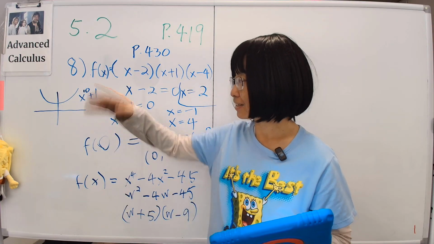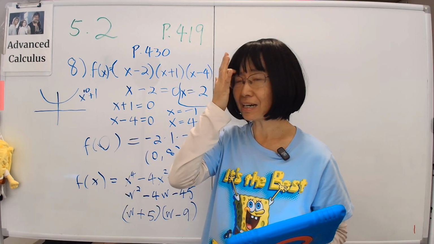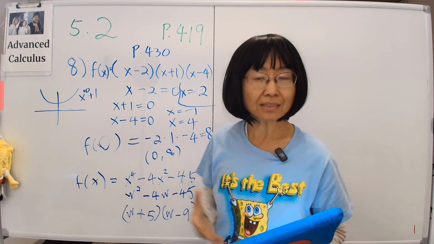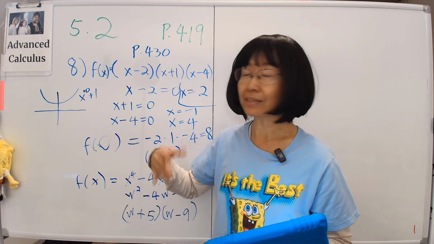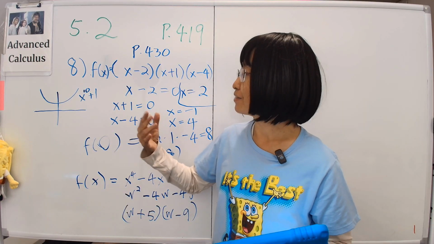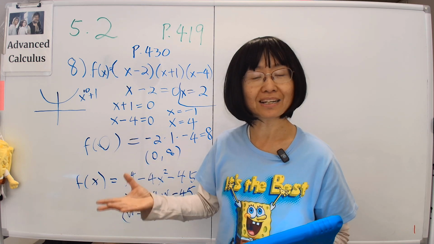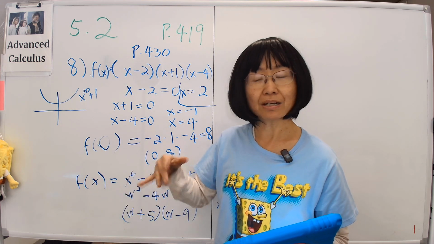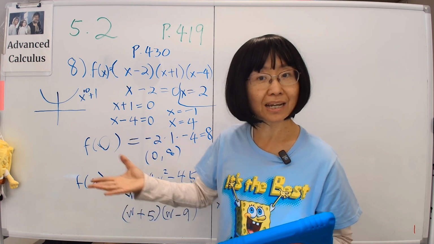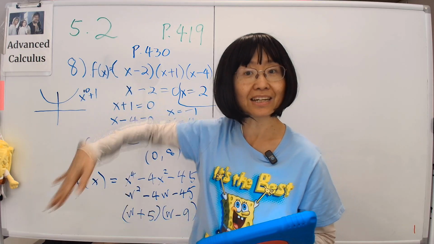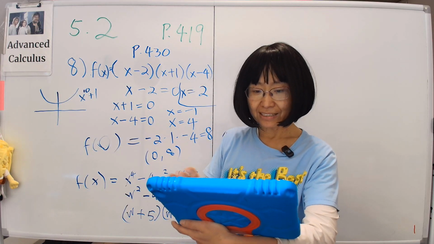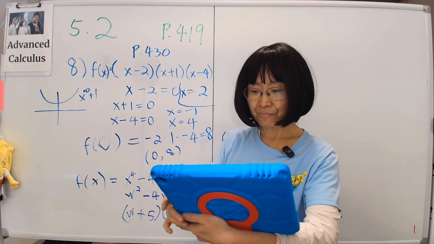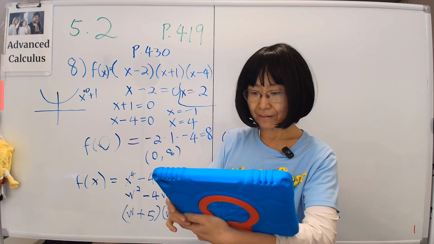But if it has 10 roots, it might have 9 turning points, so it turns 9 times somehow. Anyway, that's good enough. Next, let's look at example 11.